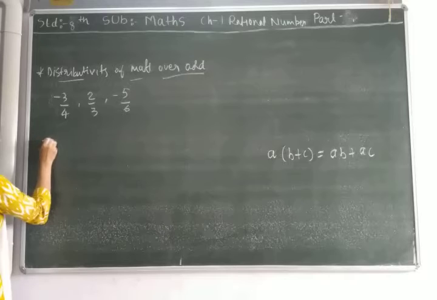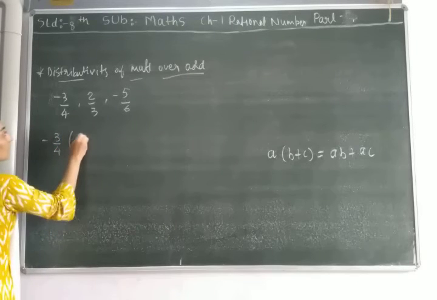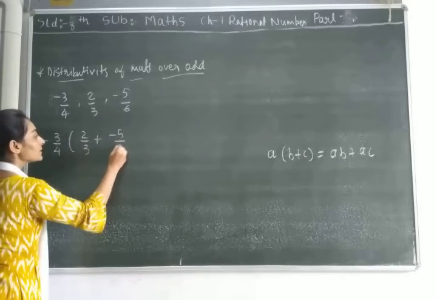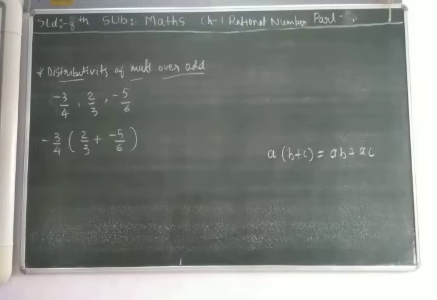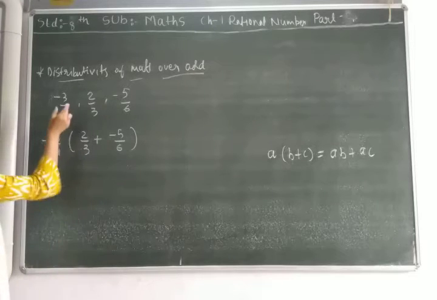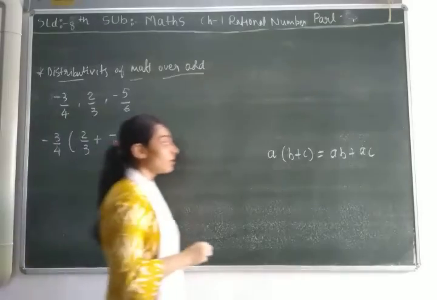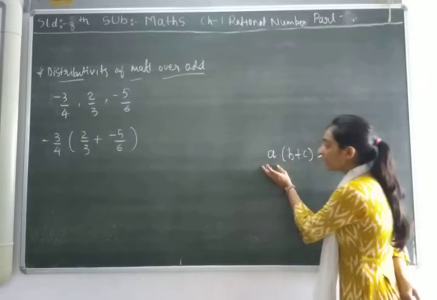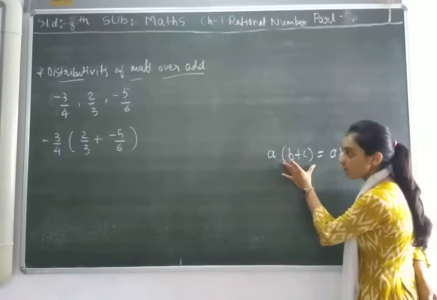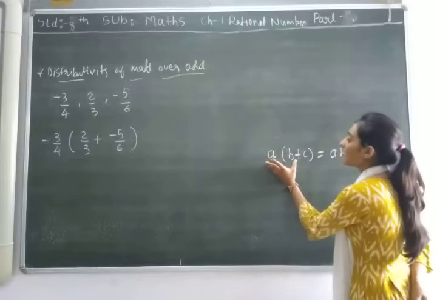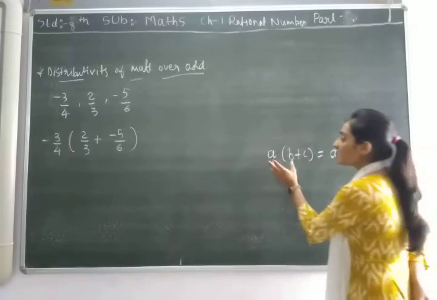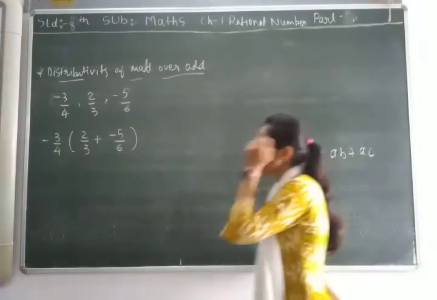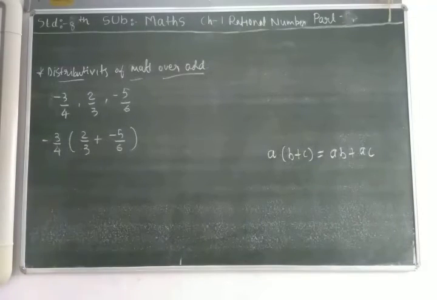So I am taking this 2 by 3 plus minus 5 by 6. Here the distribution of multiplication over addition. Now look at over here. My one element is in multiplication with these two. When I distribute this bracket, what I am distributing is this multiplication over addition.